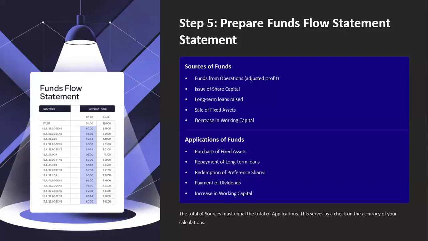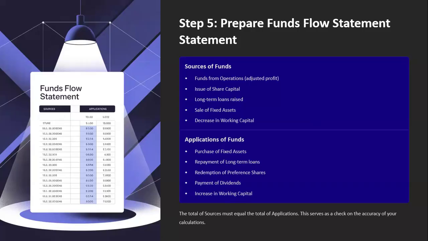In the reverse way, in the current year I required 50 rupees and next year I'm requiring 100 rupees. When I require more money next year, it means I have to arrange 50 rupees more. So an increase in working capital is shown as application of funds, and a decrease in working capital is shown as source of funds. Now what is application? Application involves payments that were done.